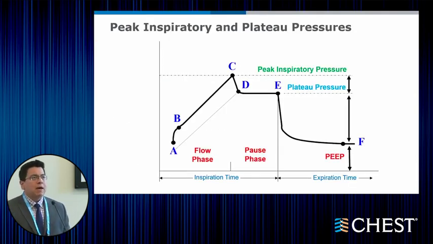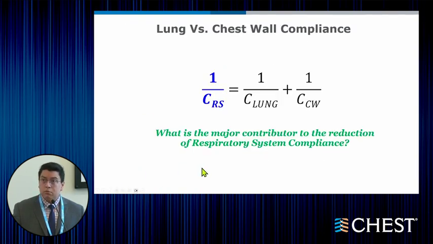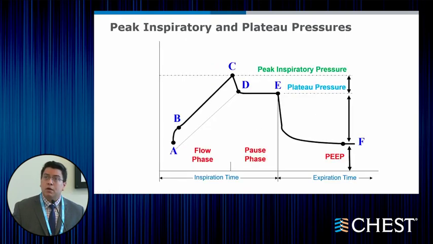So the first part of the talk has to do with the pressure profile of the mechanical breath. And I want to direct your attention to the first portion of this waveform, so the flow phase.